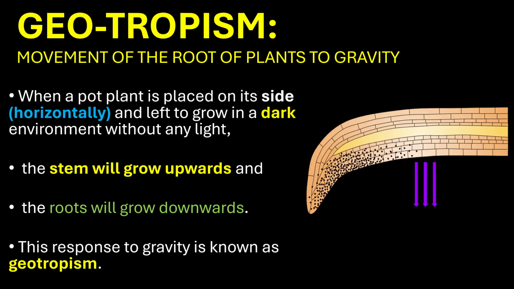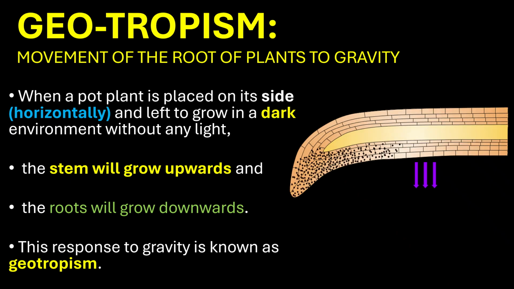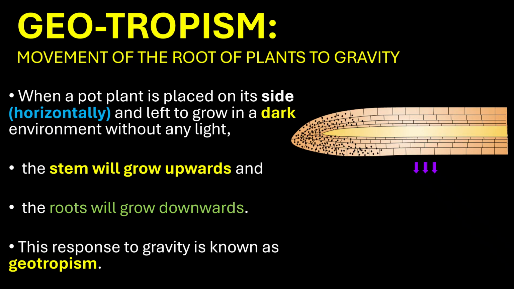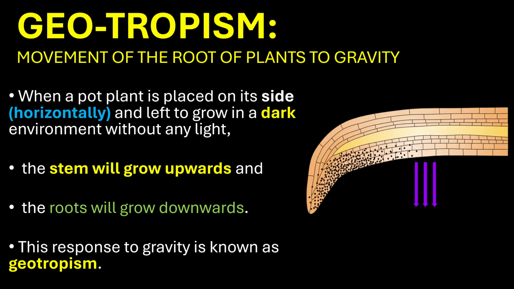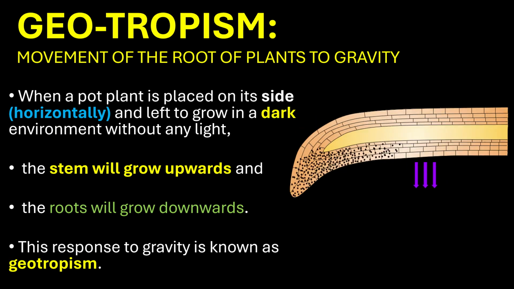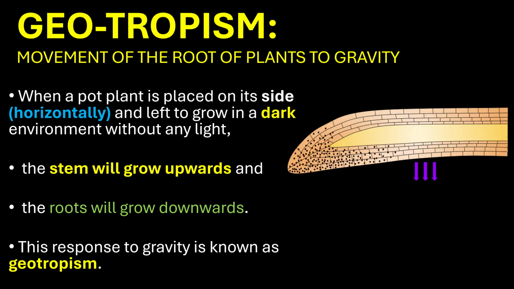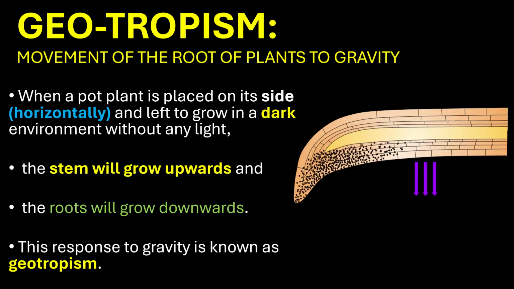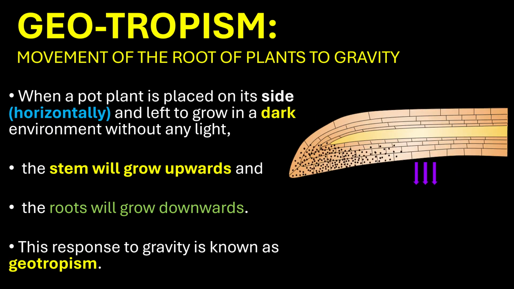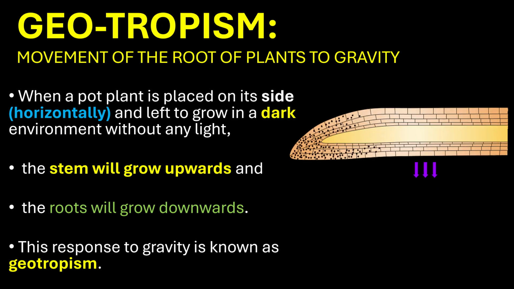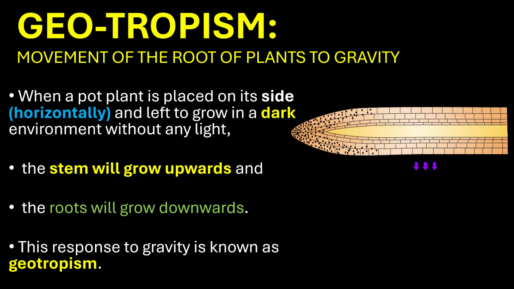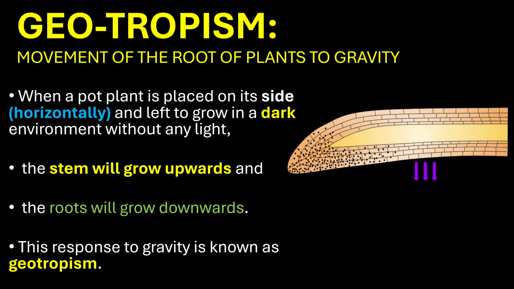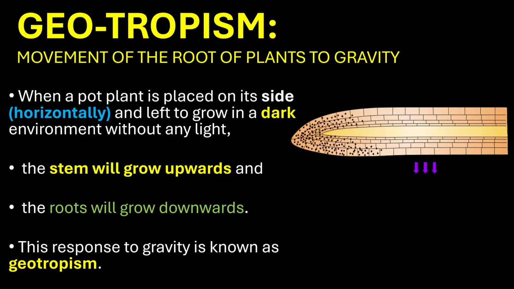When a potted plant is placed on its side, that is horizontally, and left to grow in a dark environment without any light, the stem will grow upwards and the roots will grow downwards. In this case, this is occurring in response to gravity, and this mechanism is called geotropism. We place the stem horizontally, but after some days, it bends downwards.